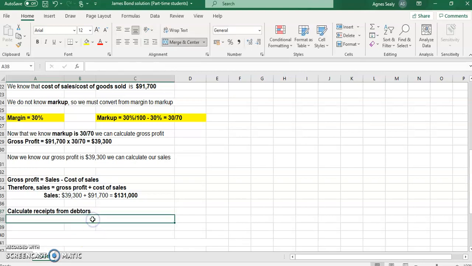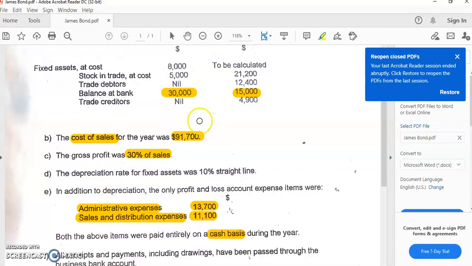We're going to take our sales that we just worked out and subtract our closing debtors, because if you did a control account, remember that in this particular question you don't have any opening debtors. If you did have opening debtors, you would add them to your sales, and then you would subtract your closing debtors, which would then give you the receipts from the credit customers.